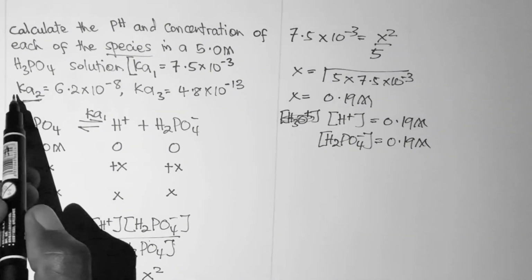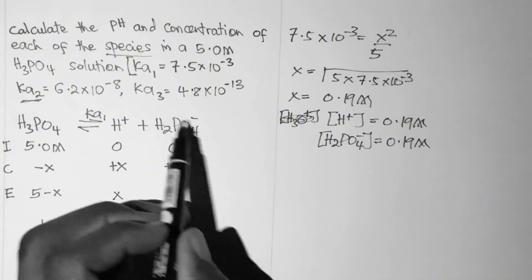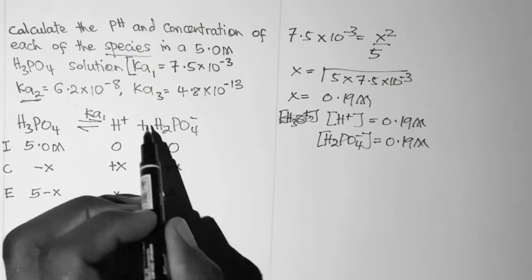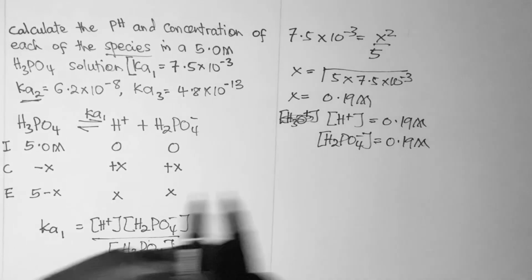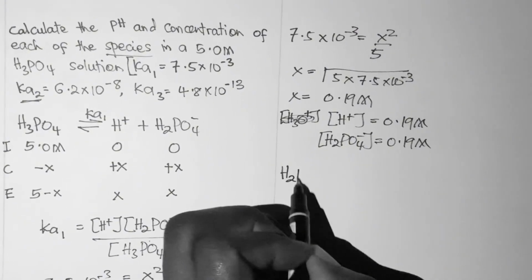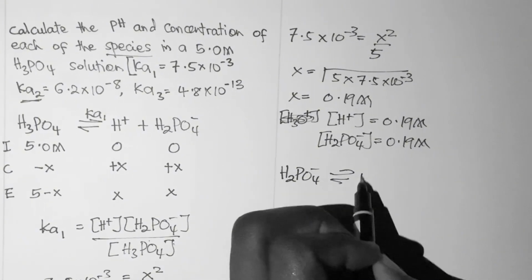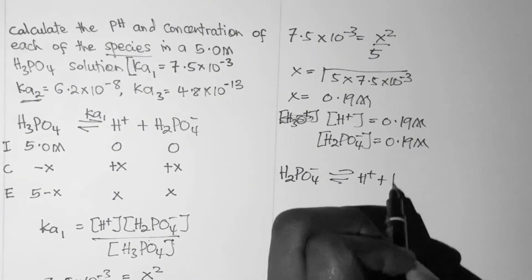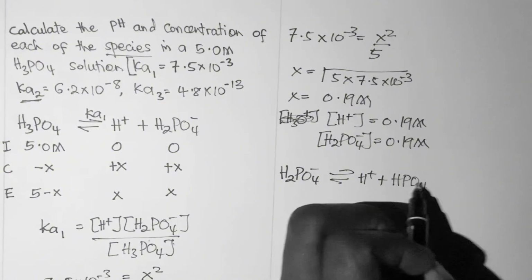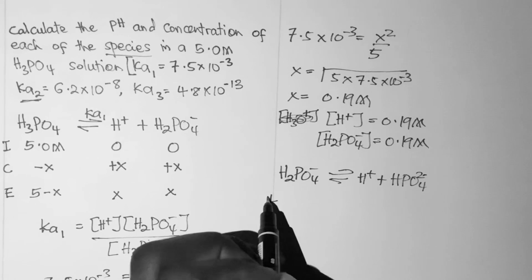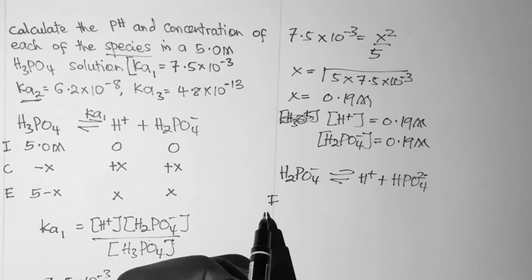The next thing we are supposed to do is that you see this H2PO4 minus will also dissociate again. So let's write the equation for the dissociation of H2PO4 minus. H2PO4 minus ions will dissociate in solution to give us hydronium ions plus HPO4 2 minus ions. What is the initial concentration of the H2PO4 minus?